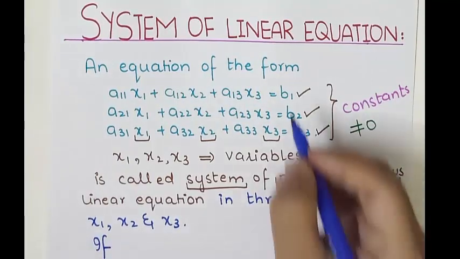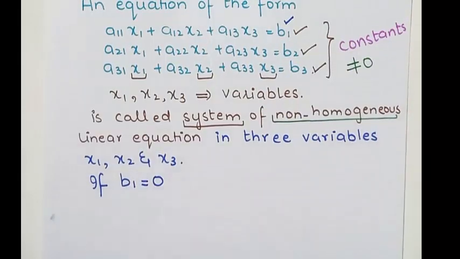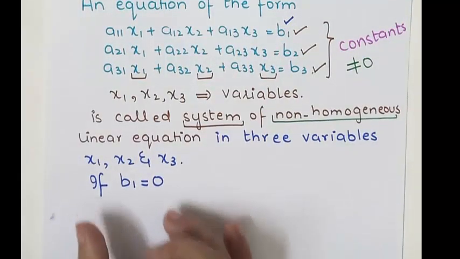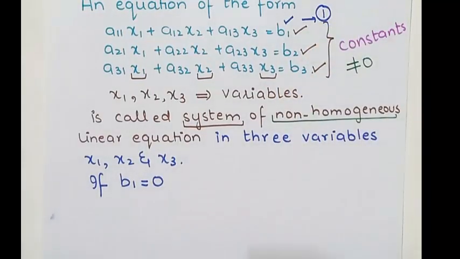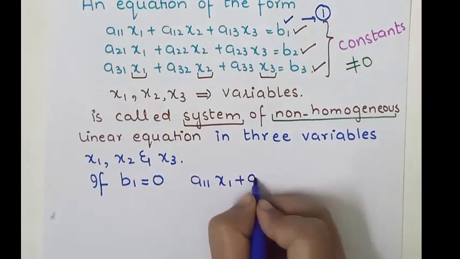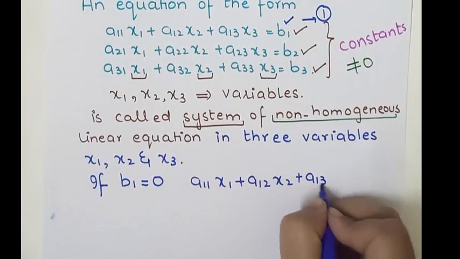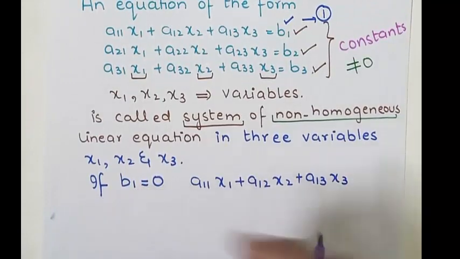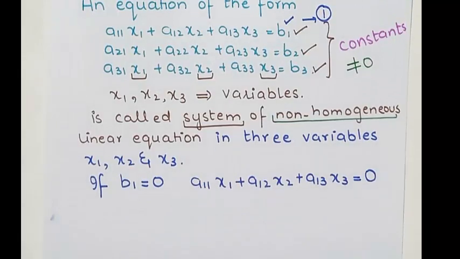If we consider that this b1 is equal to 0, then equation number 1 will reduce to a11x1 plus a12x2 plus a13x3, and now b1 is equal to 0, so we will write this equals 0.